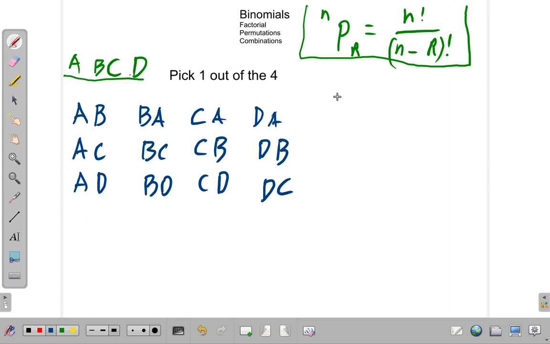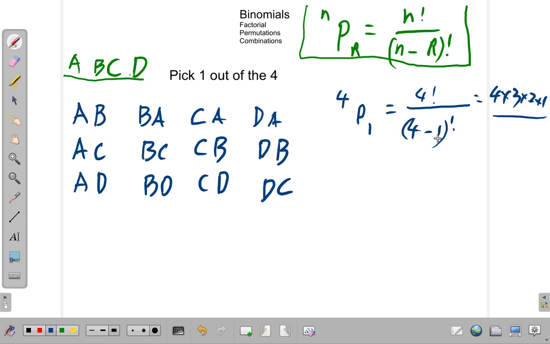Here we have 4 available to arrange, 1 chosen, would be equal to 4 factorial according to the formula, divided by 4 minus 1 factorial. 4 factorial is 4 by 3 by 2 by 1, and 4 minus 1 is 3 factorial. So what we'd have is 4 by 3 by 2 by 1 all over 3 by 2 by 1. 3 by 2 by 1 cancels 3 by 2 by 1. The answer seems to be 4.